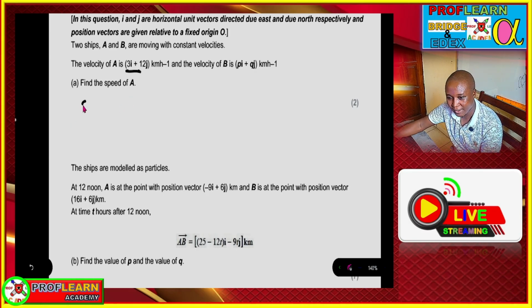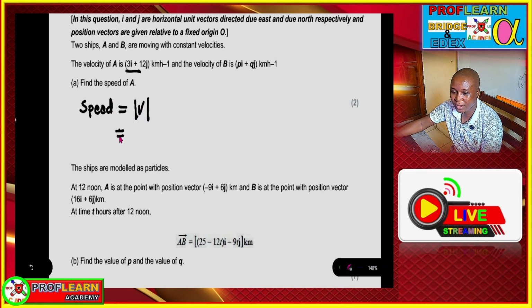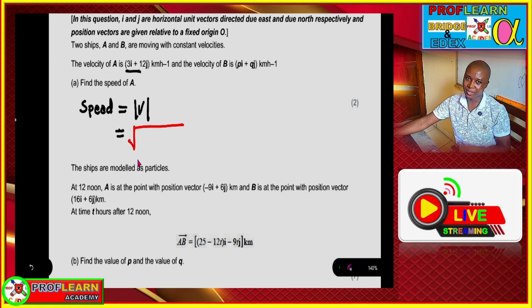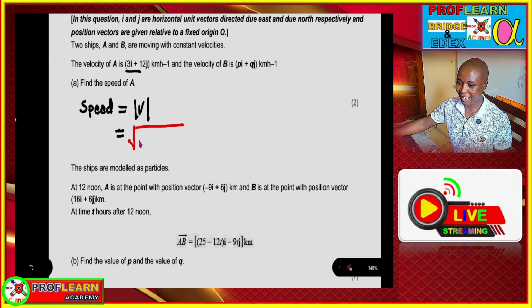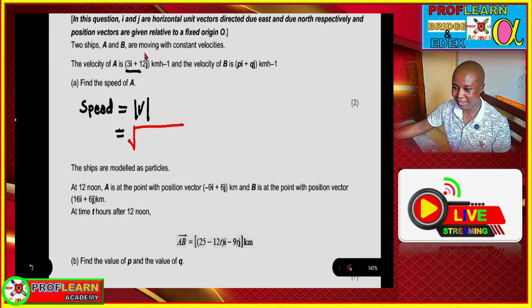I've said speed is obtained by finding the magnitude of velocity. If you are given velocity, then you are asked to work out the speed, you need to work out the magnitude of that velocity that is given. And the magnitude of A is going to be the square root of 3 squared plus 12 squared.